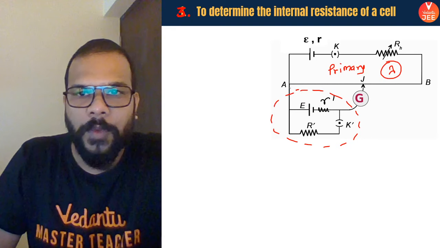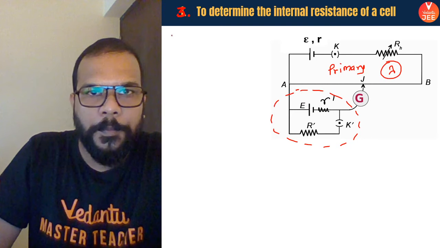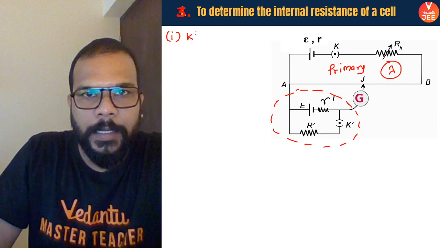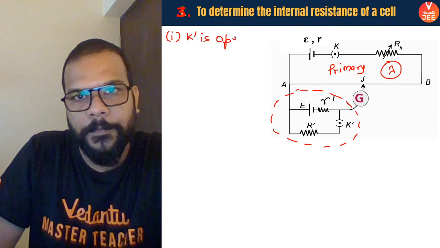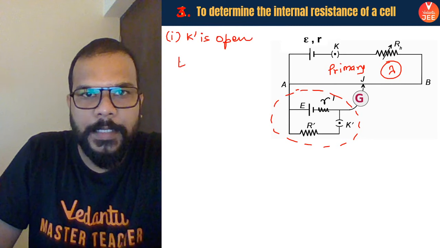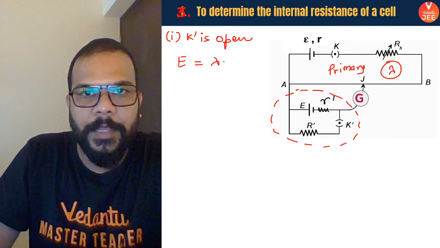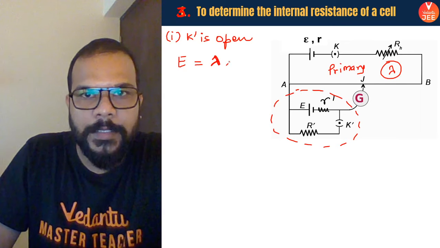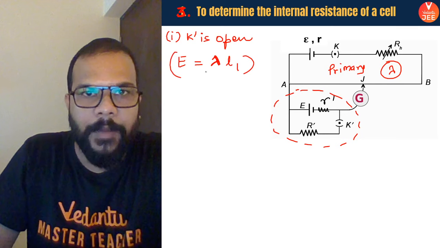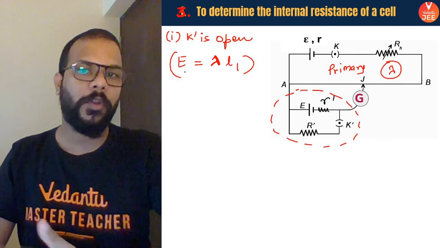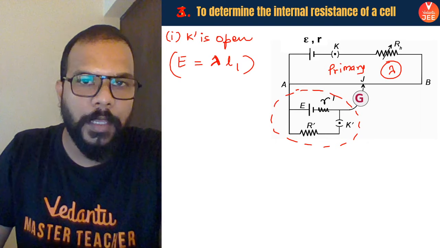So if you have the part first when K dash is open, then we can say that it is E which is getting balanced, and that will be balancing at some length L1. So we can say that E is equal to lambda times L1, just as we were talking about finding the unknown EMF of a battery.